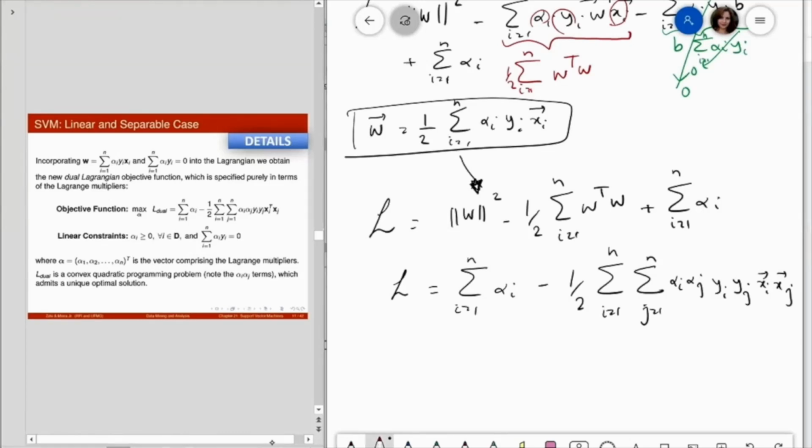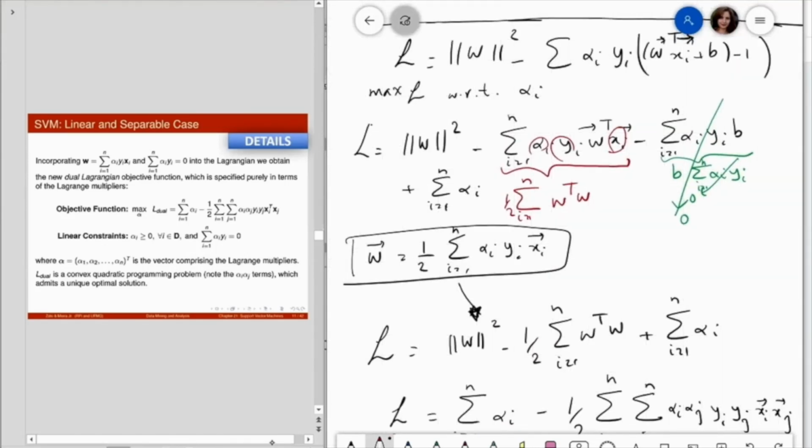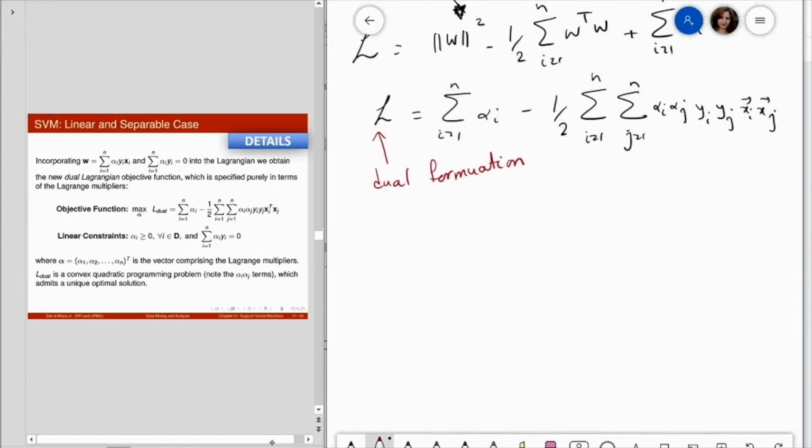This formulation is called the dual formulation. Why? Because it's the dual of the original L that we had. The original L was not only in terms of alpha, but we now have this formulation of L that is only in terms of our Lagrangian multipliers. It also has some constraints.